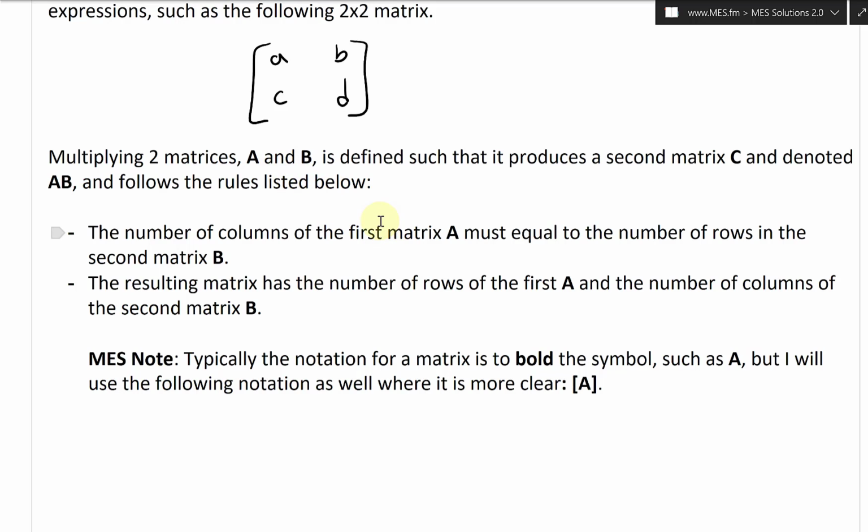The number of columns of the first matrix A must equal the number of rows in the second matrix B. And the resulting matrix has the same number of rows as the first, A, and the same number of columns as the second matrix, B. Also note, typically the notation for a matrix is to bold the symbol such as A, but I'll use the following notation as well, where it is more clear with this rectangular bracket and bold. We'll have a bracket, A, and an end bracket.